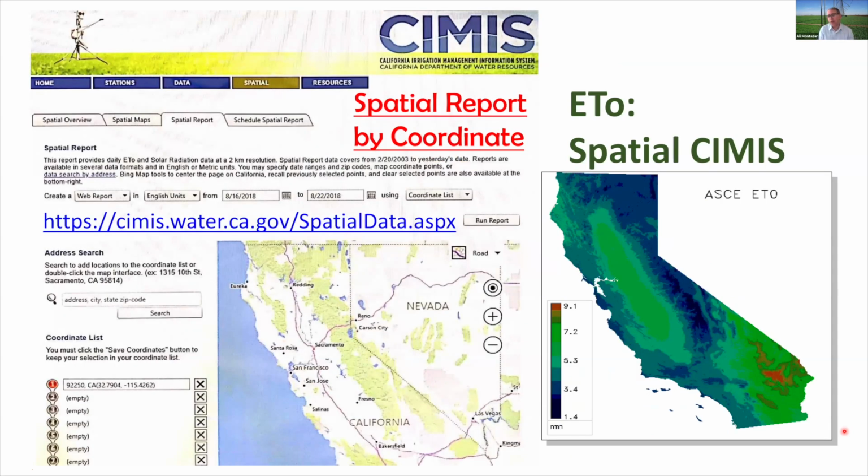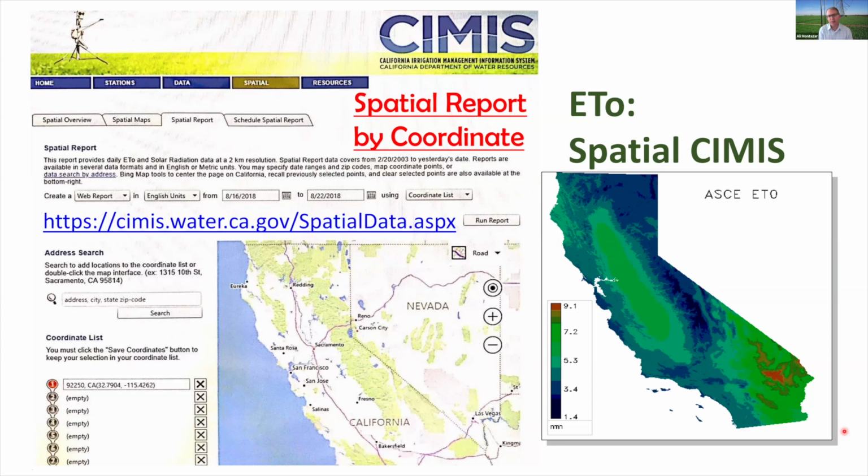One of the great tools, I believe, for a county like San Diego County is Spatial CIMIS, because we have specific geography and a lot of topographic changes, but this tool can give us a good estimation of reference ET, or grass ET. Every day, this map, the Spatial CIMIS map, is developed by the Department of Water Resources for the entire state of California, and your orchard is part of this map.